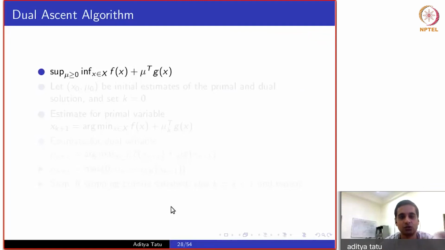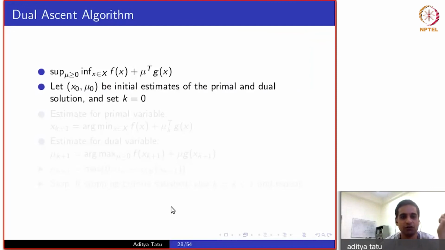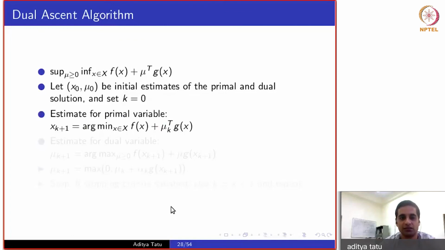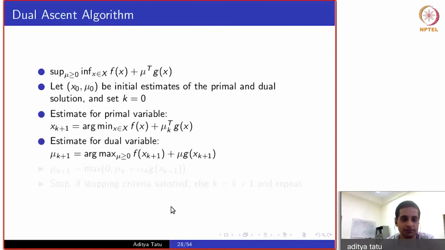So usually what one can do is start with an initial estimate for both the primal variable x and dual variable mu. Then you can iterate over both these optimization problems. First you solve the minimization problem for a particular value of mu, which is k. Once you have obtained a better estimate for x, you plug that in and then solve for mu.